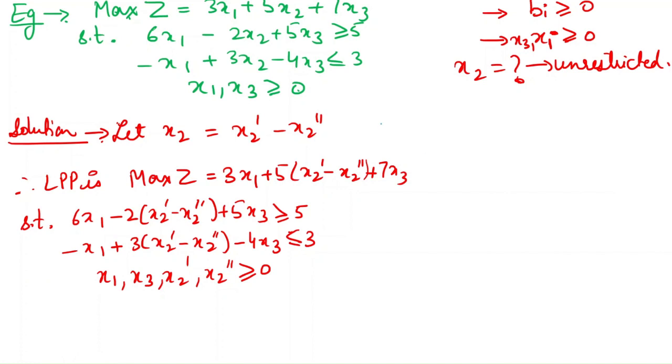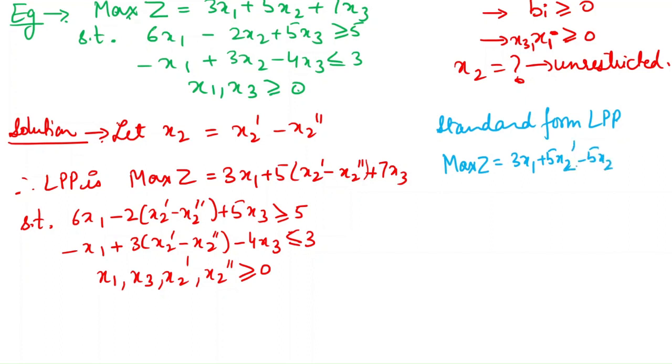Now I can convert this into the standard form. Now, what would be the standard form of your LPP? It would be maximize z, 3x1 plus 5x2 dash minus 5x2 double dash plus 7 times x3 subject to the constraints. Now the constraints must be of the equal to type.